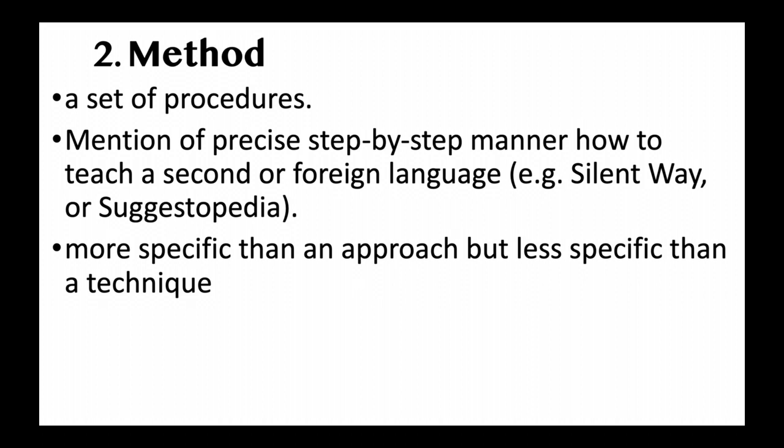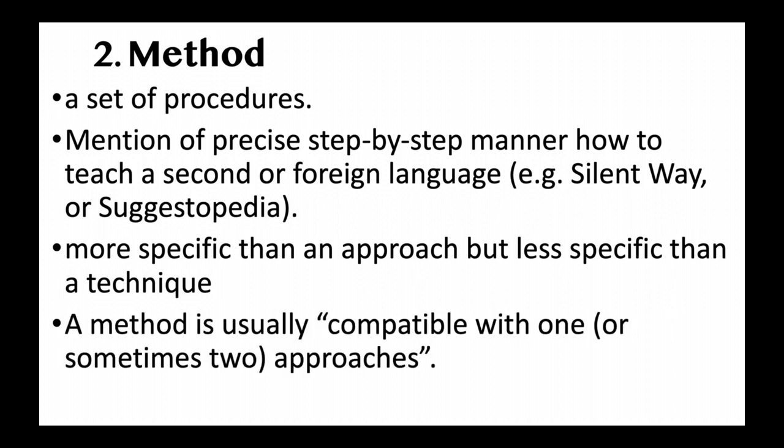But when it comes to method, it's more specific because it gives you the steps that you need to follow, for instance, when it comes to teaching. But then the third one that we're going to look at is technique, and technique is more specific than method. All right, and then we'll see what we mean by how it is specific, what it entails exactly.